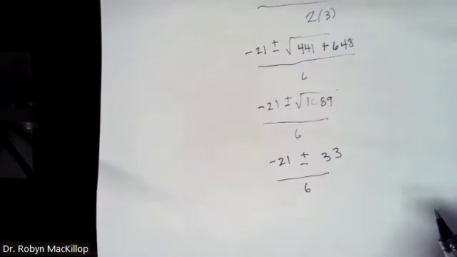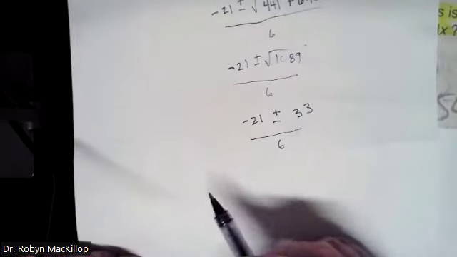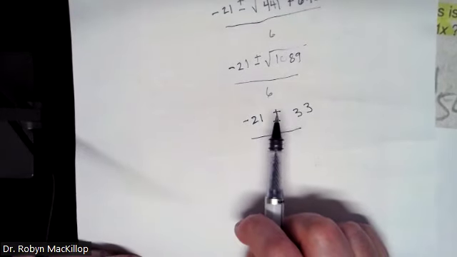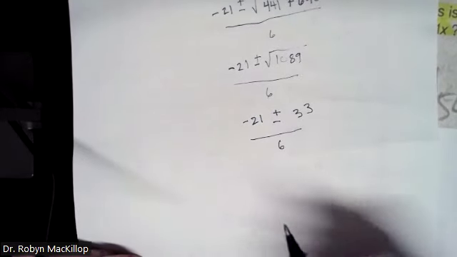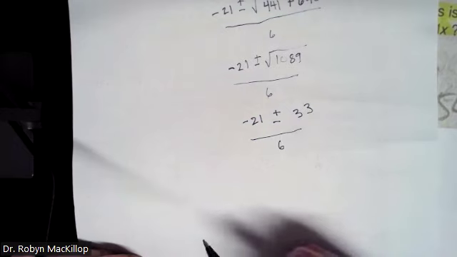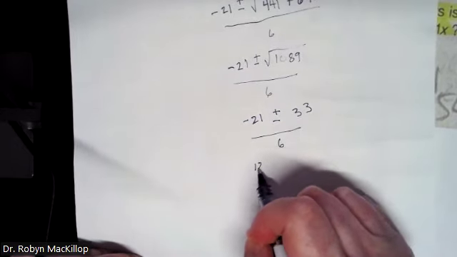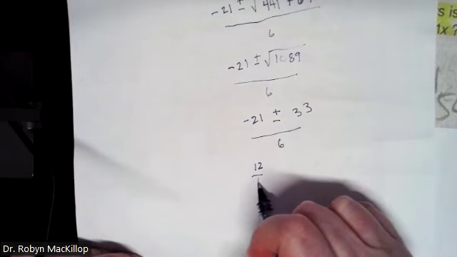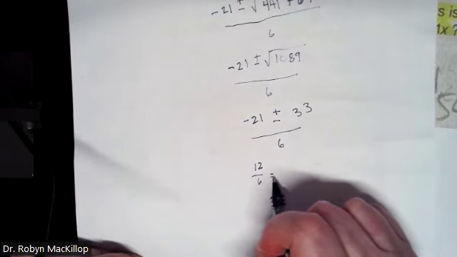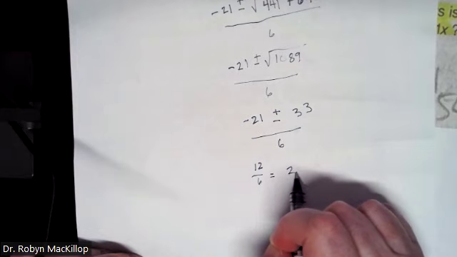Now, the last thing you do for these guys, negative 21 plus 33 is going to be 12 over 6, which equals 2.